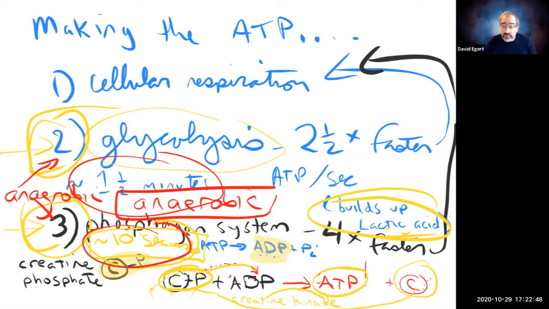The idea of the oxygen debt is once you have used the capacity of glycolysis and the phosphagen system to make lots of ATP fast, it's going to take a bunch of extra oxygen on top of your normal oxygen to do the processes to recover from them.